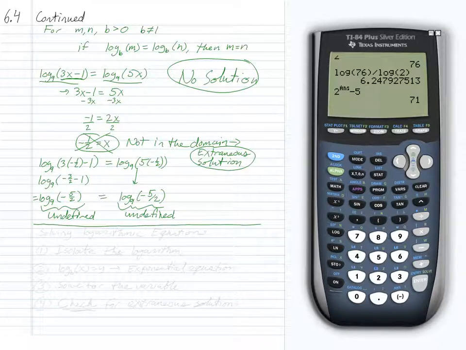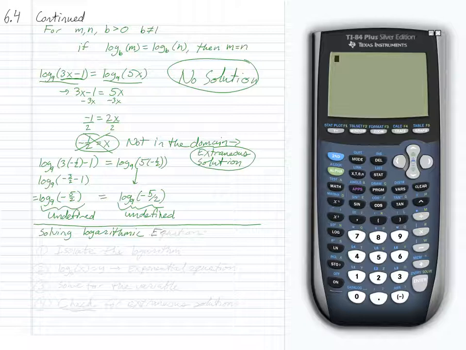So, we have an alternate procedure for solving logarithmic equations. First, we isolate the logarithm. Now I say the logarithm. If there's more than one, we want to combine our logarithms down into a single log, and the other side of our equation should not have any logs at all.